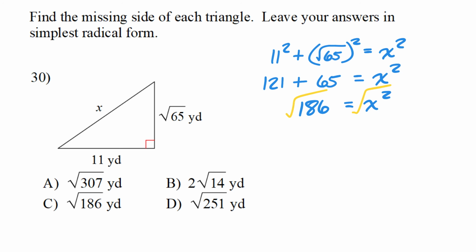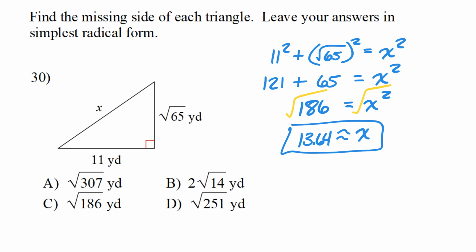Here's a little bit of advice, by the way. This is a multiple choice question. When I put this in my calculator, x is approximately 13.64. Well, this is multiple choice on this particular one.